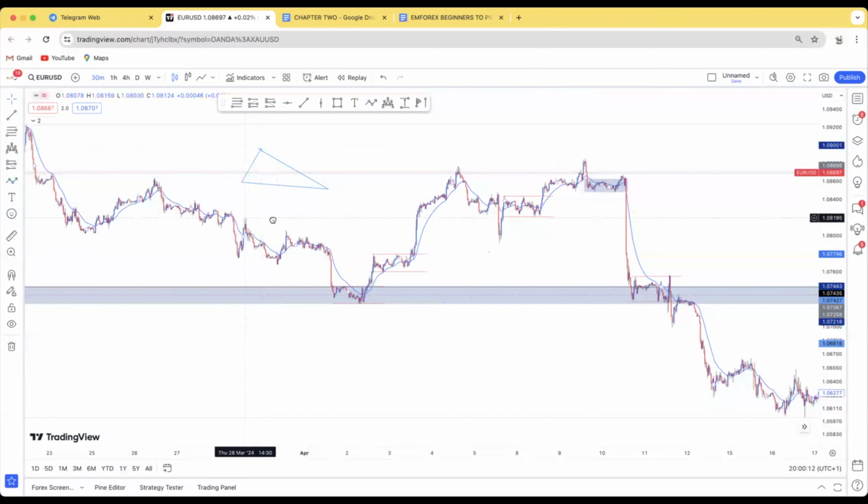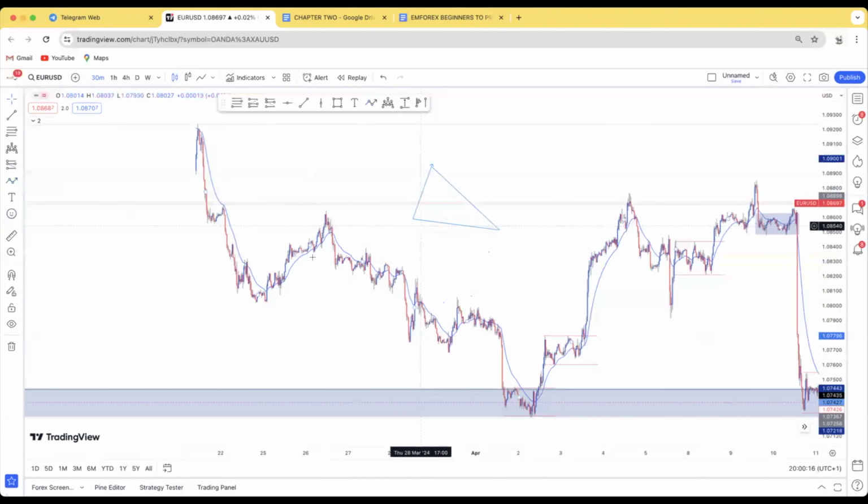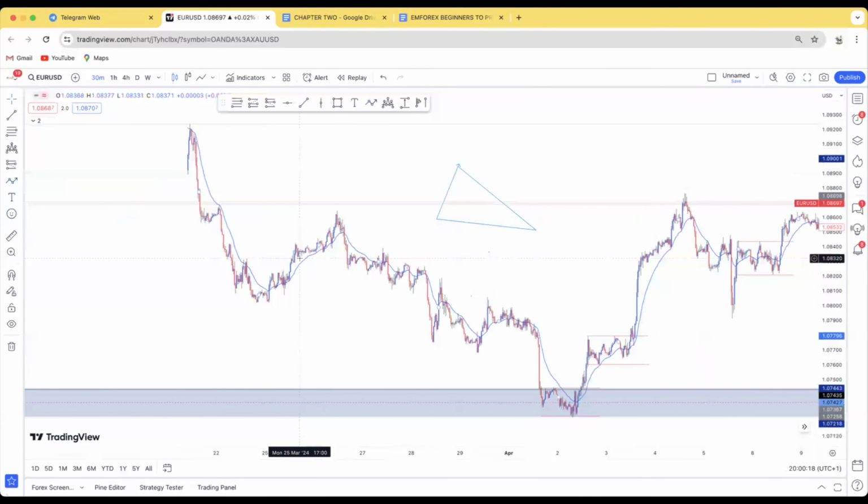So let's identify chart patterns that are triangular based.